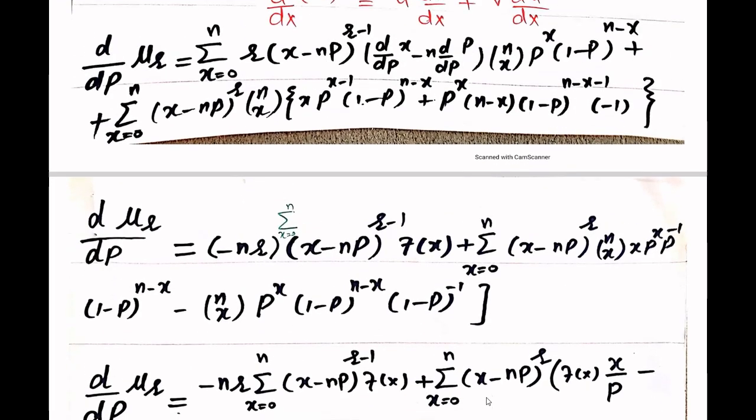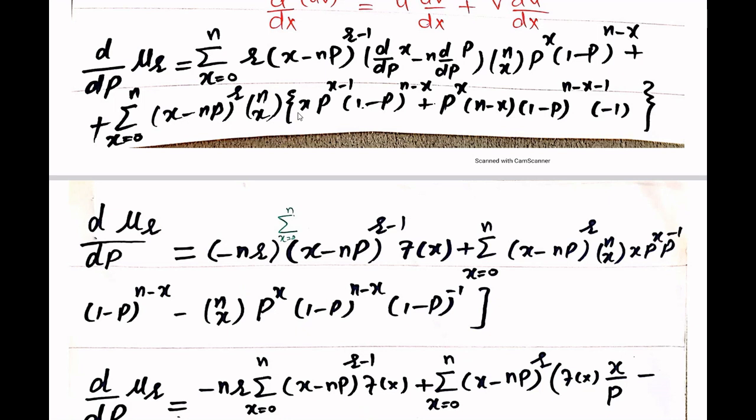Now take minus nr, which is constant, out of the summation sign. Summation x is equal to 0 to n, x minus np power r minus 1, and ncx p^x (1 minus p) power n minus x.